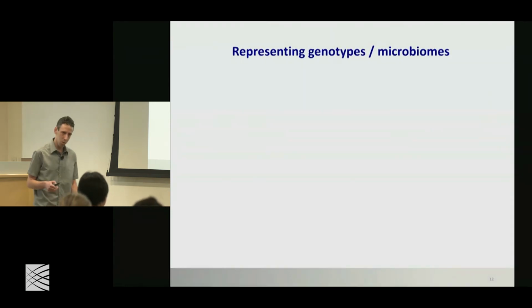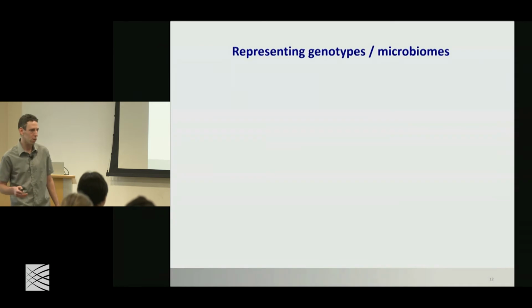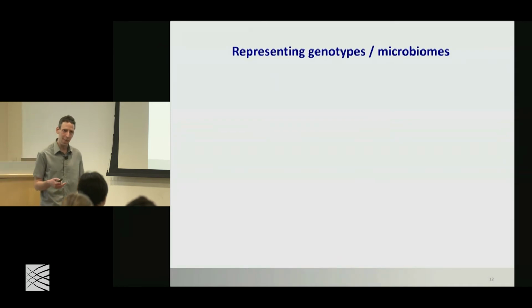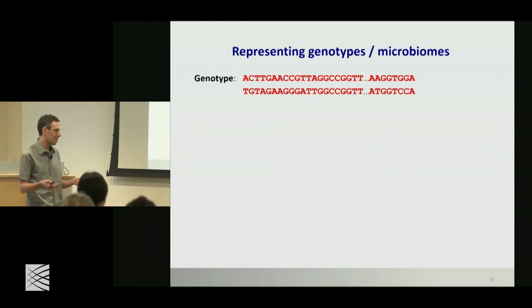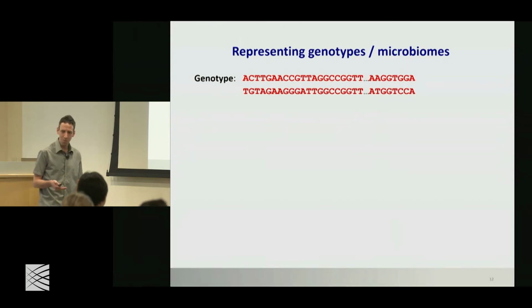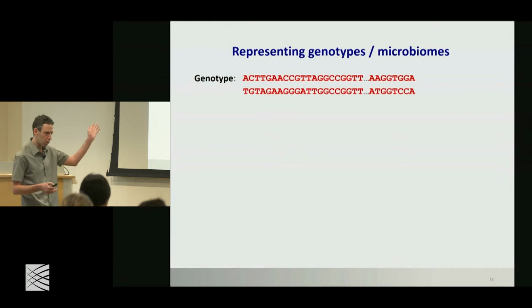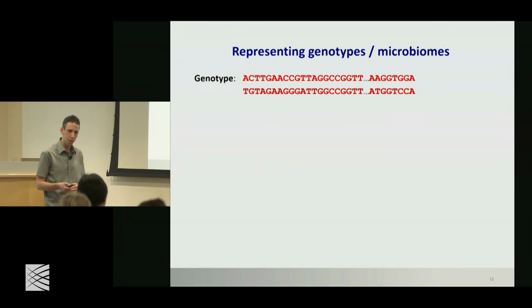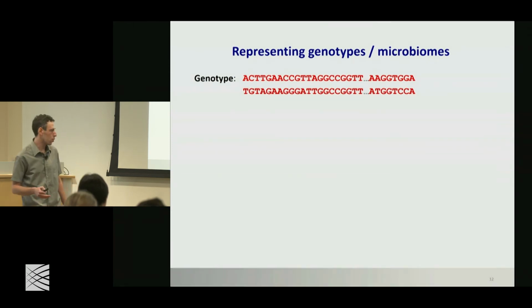Because this is an MIA talk, I'm going to say a few words about how our data looks when we represent it on the computer. So genotypes are relatively easy to represent because we have a bunch of loci, and at every locus we have 2 alleles, and we can just represent it as 2 strings or as a vector, like people have been doing in GWAS for over a decade now, and it's pretty straightforward.